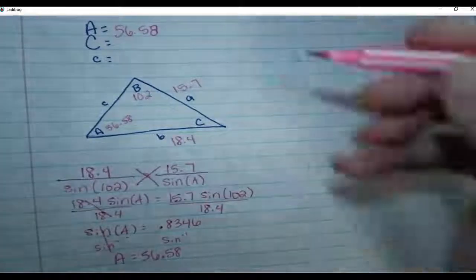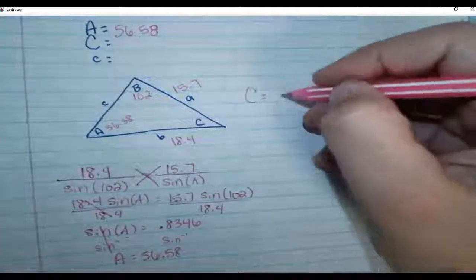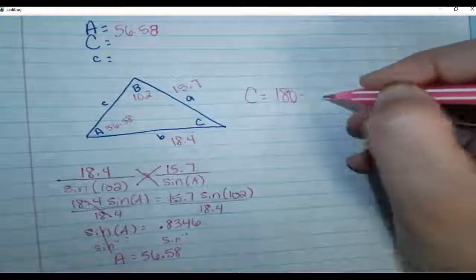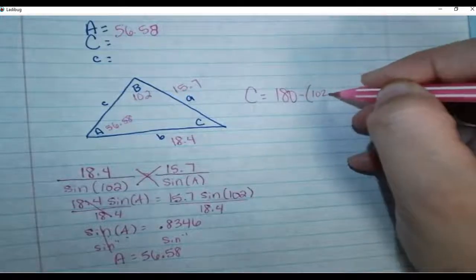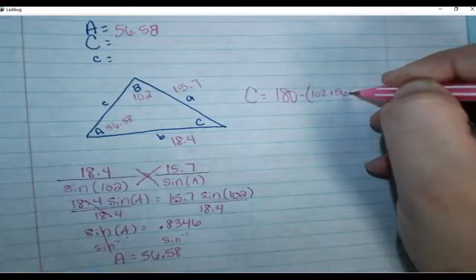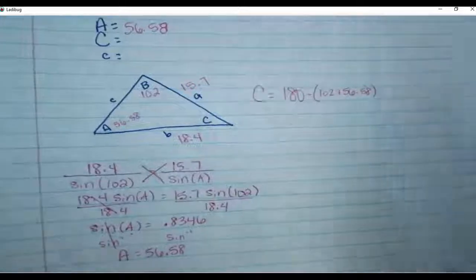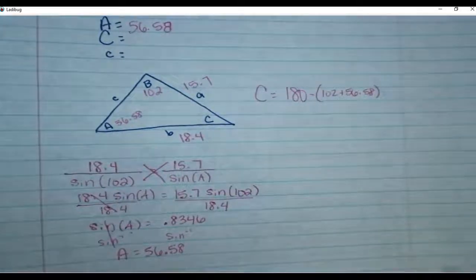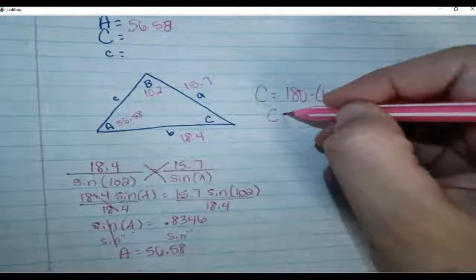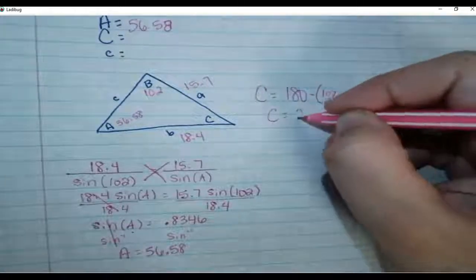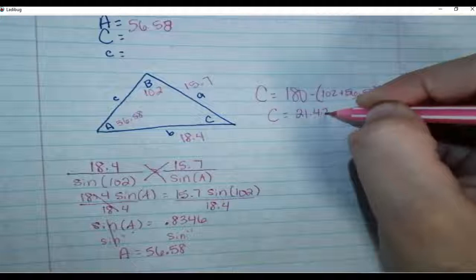So I can say big C equals 180 minus 102 plus 56.58. So you don't even have to do trig on that one, just your knowledge of triangles. And so hopefully you get big C is 21.42.